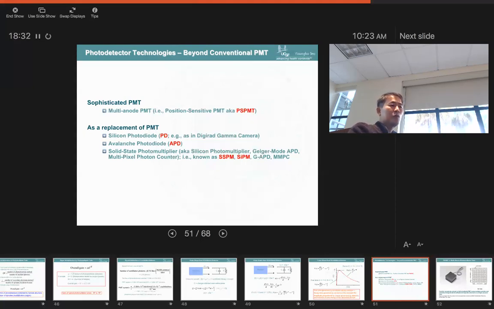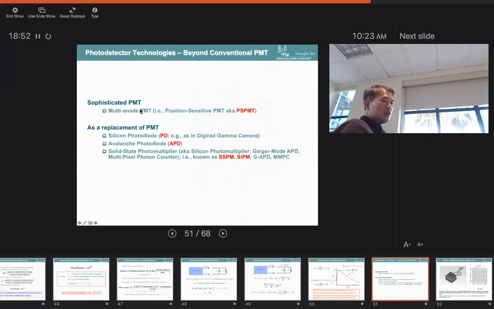The first example listed here is a little more sophisticated PMT. You can make compact PMTs and tile them together individually, not like a whole thing, but you can make a multi-anode PMT.